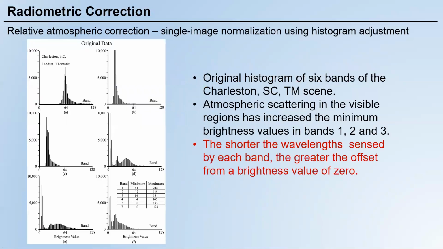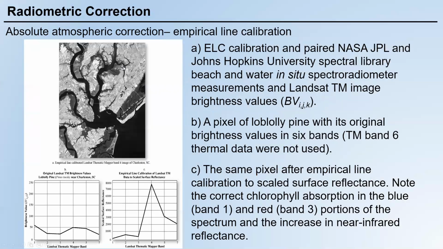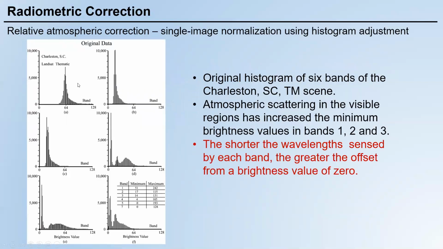So let me show you an example here. Here we have the histograms of six bands of Landsat TM for the same image, for Charleston. Let's just call it the Charleston image. So what is a histogram? Let's focus on the histogram of band 1 here.